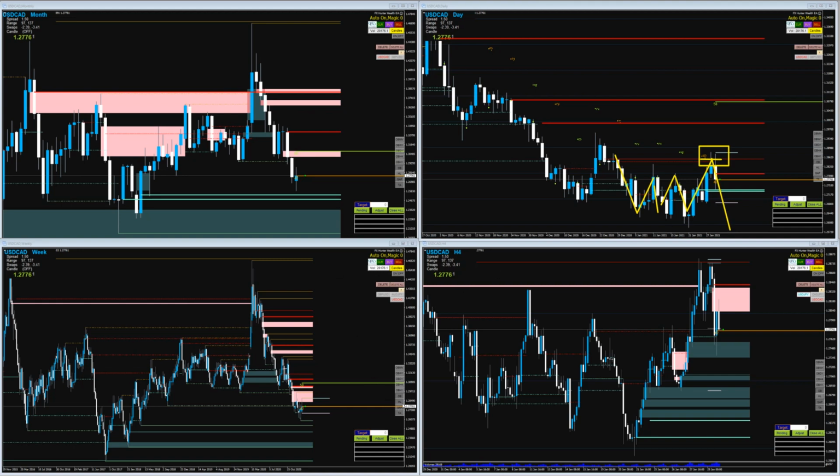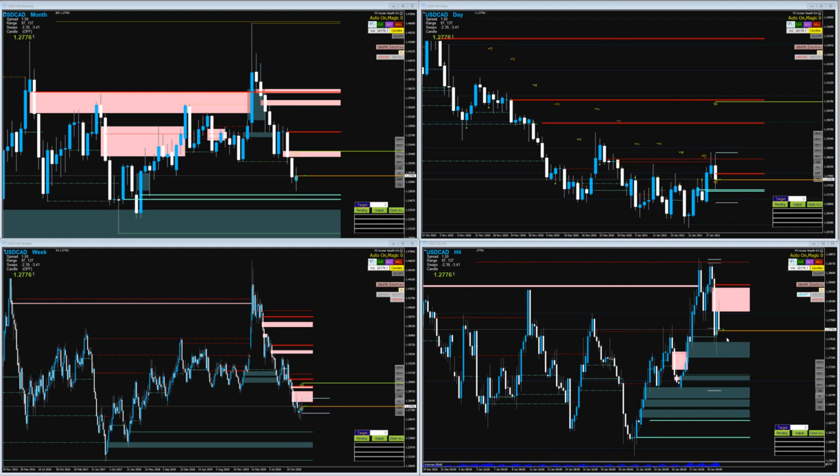Because why? Let's go to the weekly and 4 hours and monthly. So we are seeing that the monthly level still was not reached, so probably this could drop a little bit lower, and on the weekly there is still room to drop lower as well. So the CAD still could be weaker.